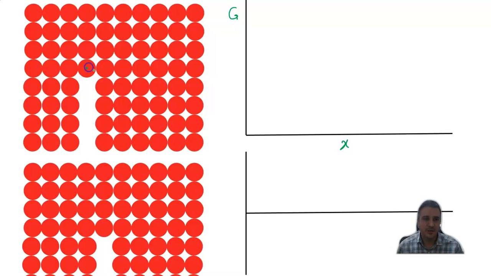I named the location of this dislocation A, and the next position of this dislocation is named B. So this dislocation is supposed to move in this direction from location A to location B. I define two locations here, but I exaggerate the distance. This is location A and this is location B.